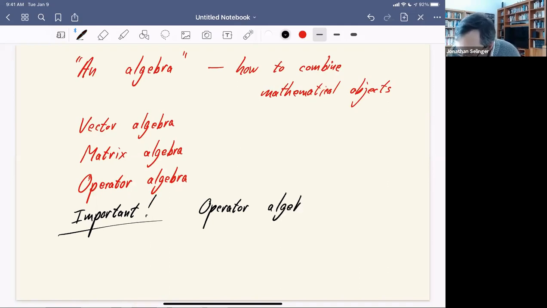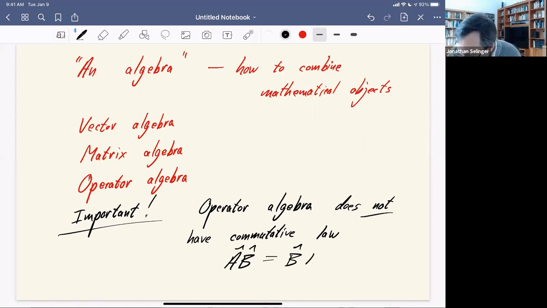Operator algebra does not have a commutative law. That is, AB equals BA.